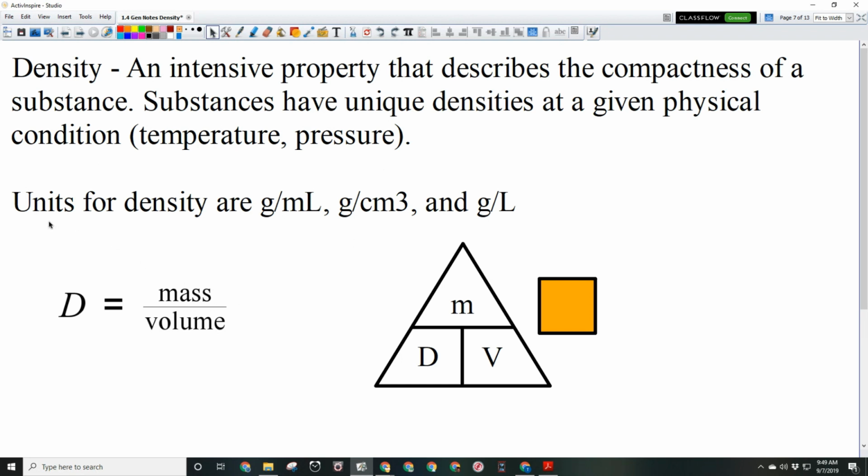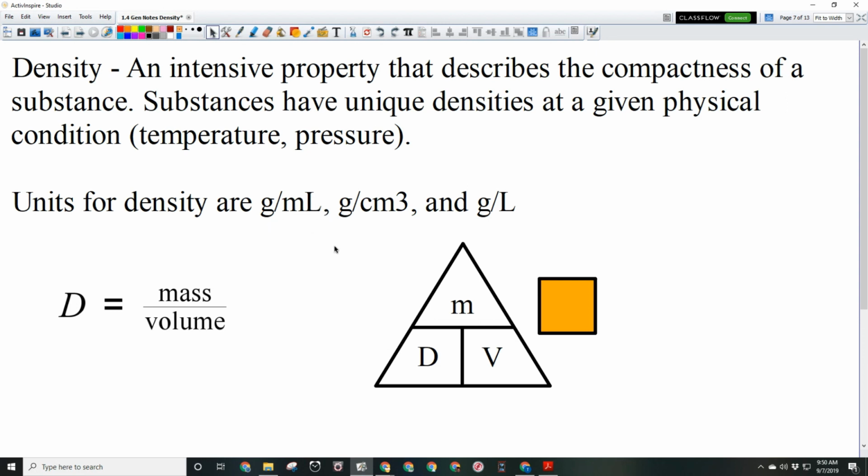All right, so we talked about units in our section 1.1 on measurements. We talked about grams when we were talking about the metric system, and milliliters. But the units for density are a combined unit. It's grams per milliliter. All right, so it's how many grams of a substance you have per, if it's a liquid, how much of the liquid that you have, grams per milliliter.